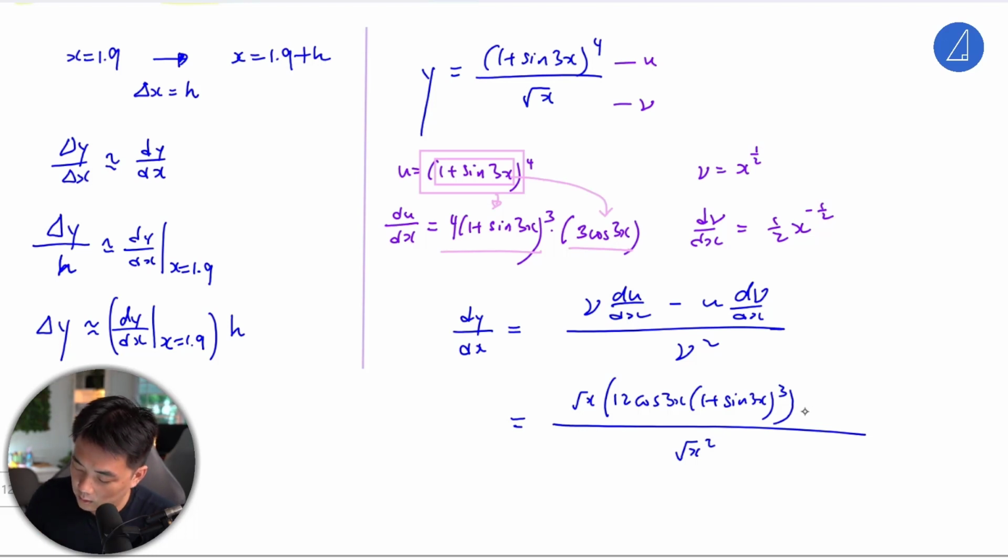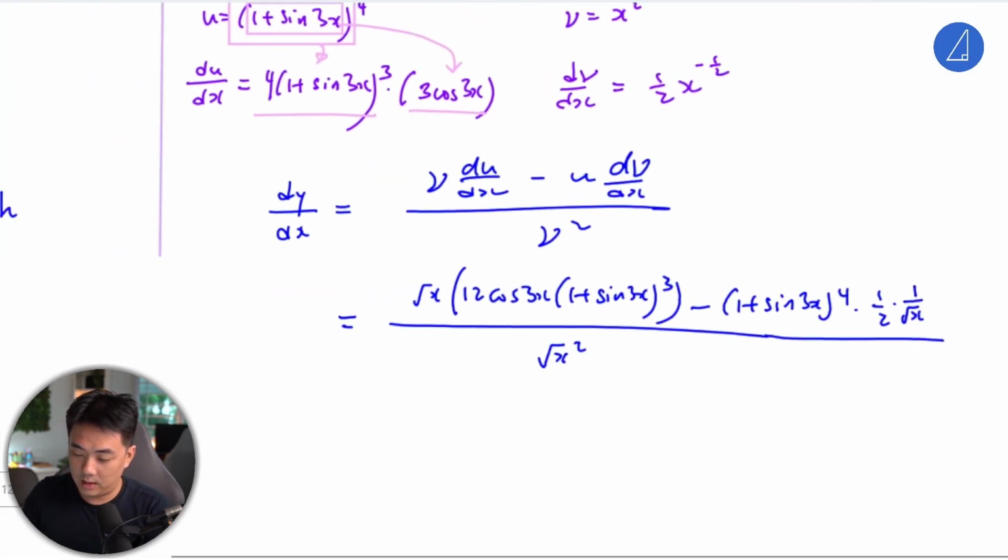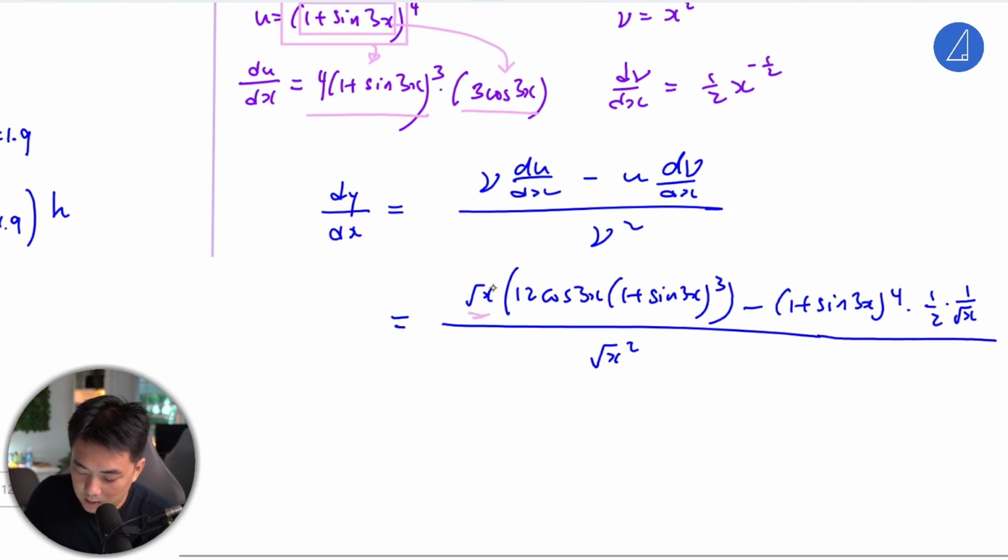Then minus u, 1 plus sine 3x to the power 4, times dv/dx, which is half x to the power minus half, so I put this as half times 1 over root x. That's it. Let me label everything: this is our v du/dx minus u dv/dx, and this is our v squared.